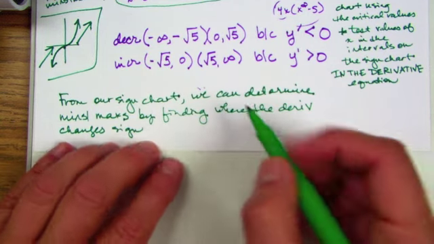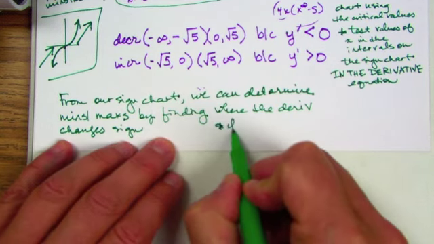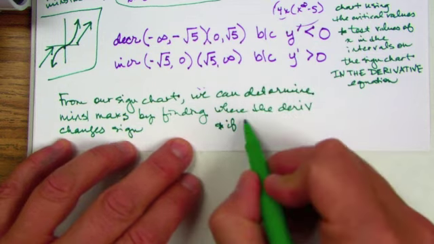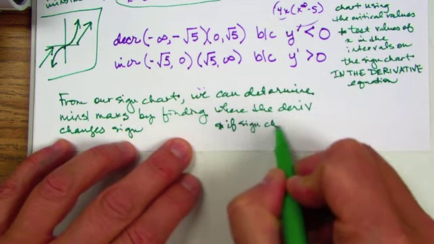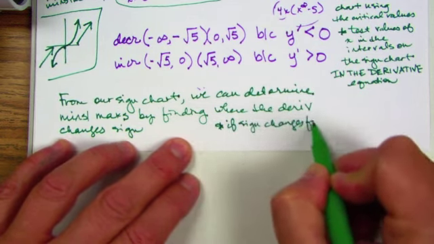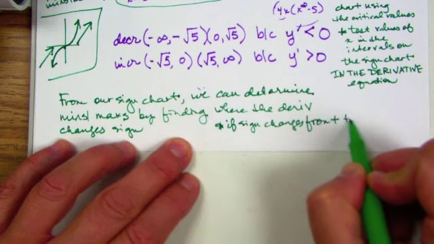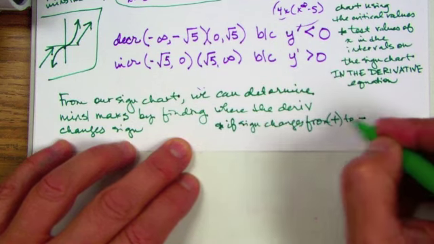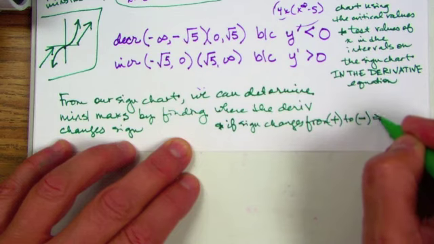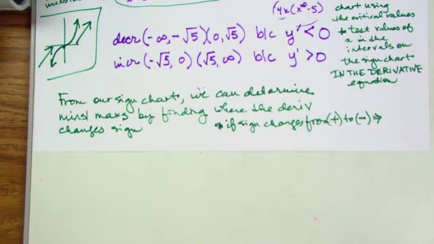Okay, so if the sign changes from positive to negative, what do we have? A maximum, right?